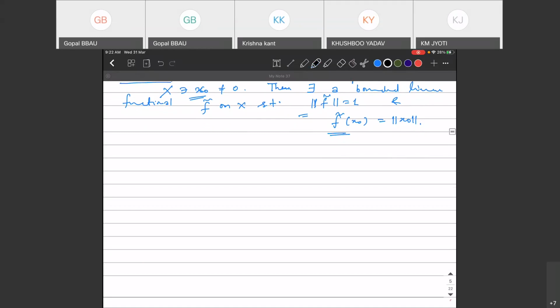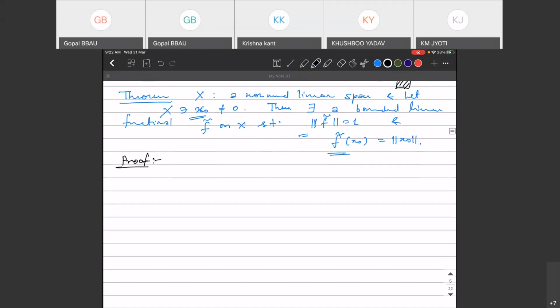So let's see how. Here this x naught is non-zero, so consider the subspace spanned by x naught and call it Z. How do you write this span of x naught? All those x in X such that x equals some scalar multiple of x naught.